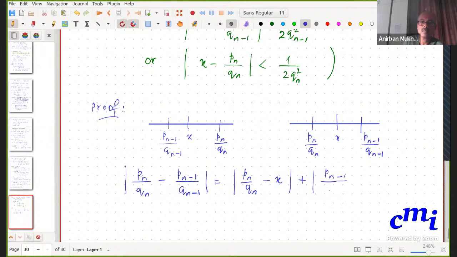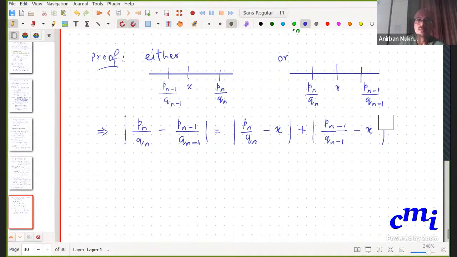That is, Pn by Qn minus x plus Pn minus 1 by Qn minus 1 minus x, in absolute values. That will always happen. It is better to just visualize it pictorially. So either this or this might happen. So therefore, this is always the case. The last one is not a bracket, it is an absolute value.